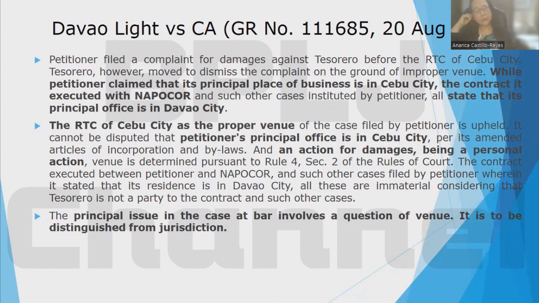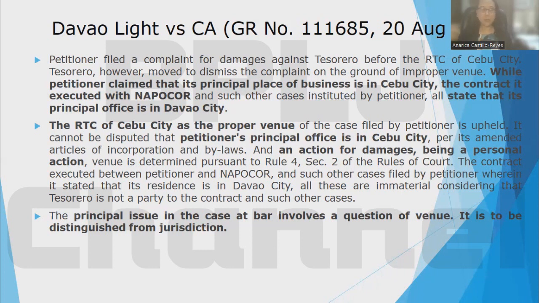Davao Light versus Court of Appeals. This is a case for damages against Tesorero before the RTC of Cebu City. Okay, Tesorero moved to dismiss on the ground of improper venue. Tesorero claimed that the petitioner's principal place of business is in Cebu City, while the contract executed with Napocor states that its principal office is in Davao City.